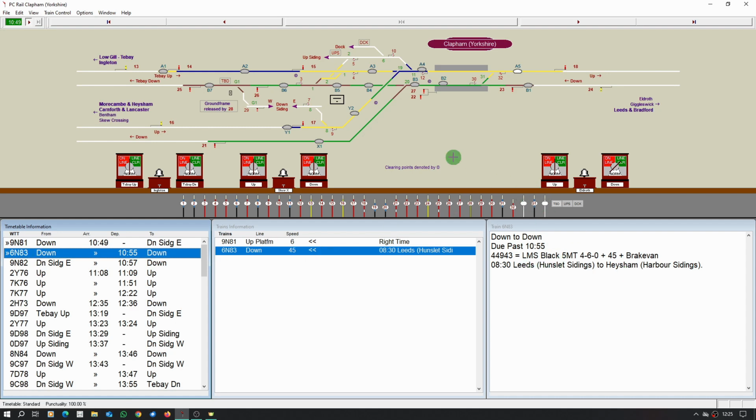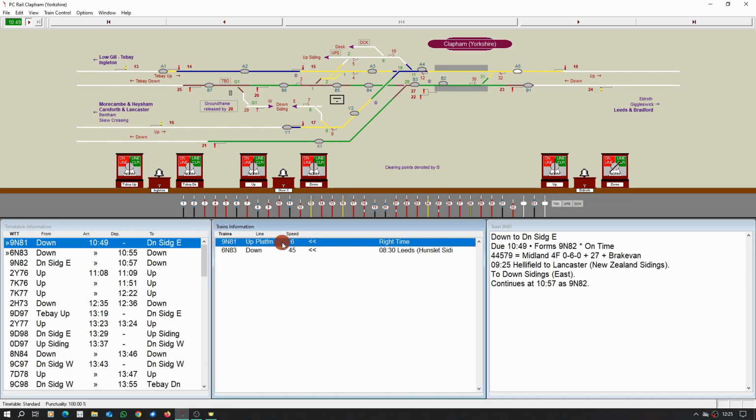Leads to Ayrsham Harbour sidings. We can change number 8 points, and there's no reason why we have to caution for shunt moves, so we can clear 12, come across, and 9 to go inside. Right, so he'll just trundle down, although he's got the engine in front now, so I don't know what happens in the sidings.